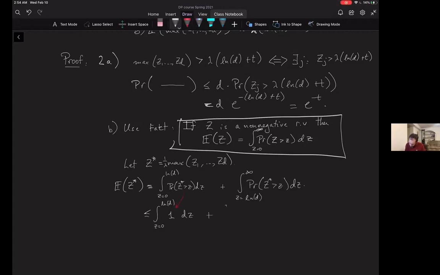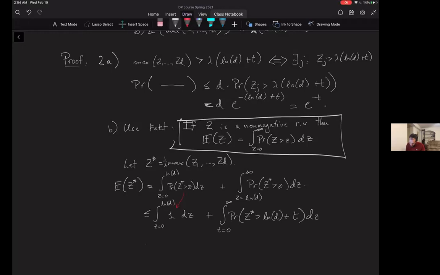Plus the integral, and I'm going to pull a change of variables here, and say this is the integral from t equals 0 to infinity of the probability that z star exceeds log of d plus t, dt, which we just showed is at most e to the minus t.